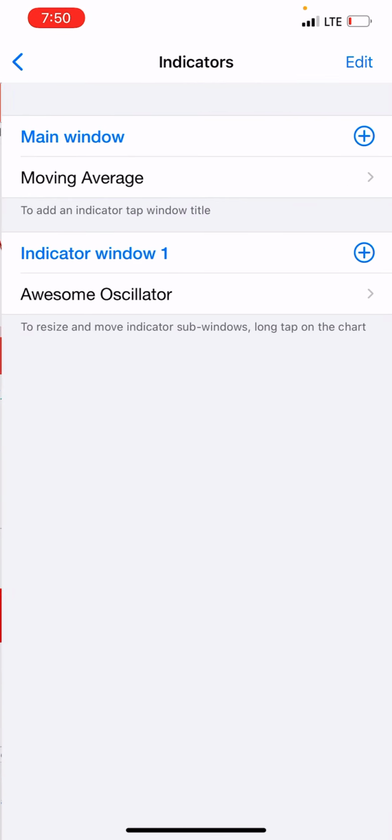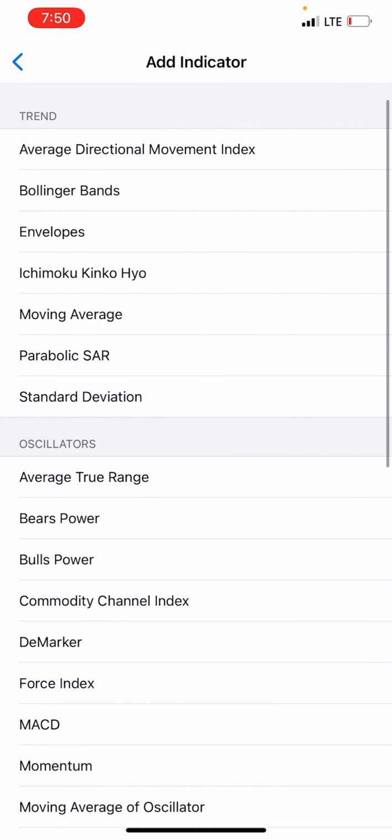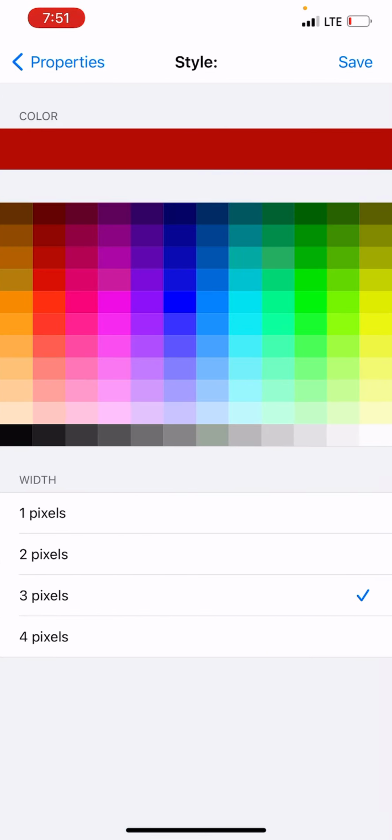The last indicator is the moving average again. You put it in the main window. Take it to period 10, shift 0, method exponential, apply to close. Then the color, let's use red, then 3 pixel for the style.